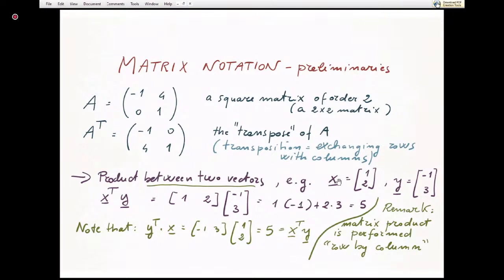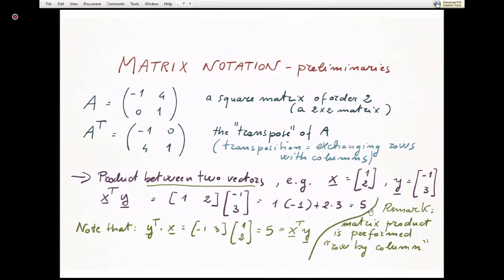And in order to compute the product between these 2 vectors in a matrix product fashion, we have to replace X with its transpose, a row vector, Y remains a column vector, and then the product X transpose times Y is 1, 2 row times minus 1, 3 column, the first element 1 times minus 1 plus 2 times 3, it is equal to 5.